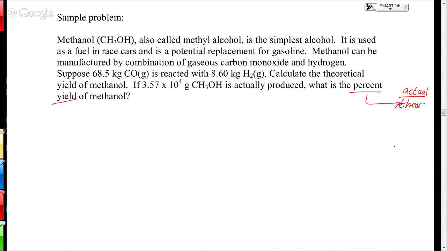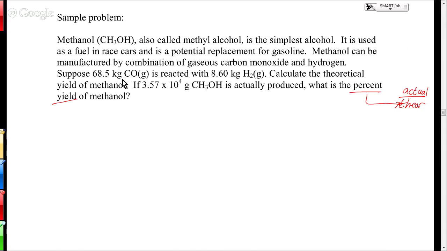So as some practice with what we just did, and then this new concept, let's see if you can work this problem out. We've got methanol, which can be burned as a fuel. And we're making it by combining carbon monoxide and hydrogen. So we've got carbon monoxide plus hydrogen gives us methanol.